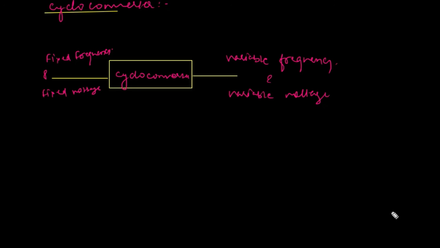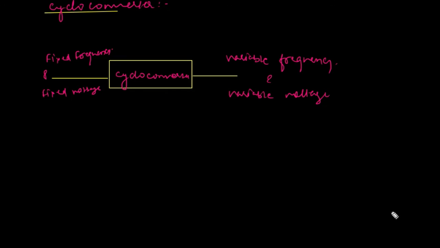We have studied about the AC to DC, DC to AC, DC to DC, and AC to AC power modulators. When I'm talking about AC to DC, it was like rectifiers. DC to AC, it was like inverters. DC to DC, it was like chopper.